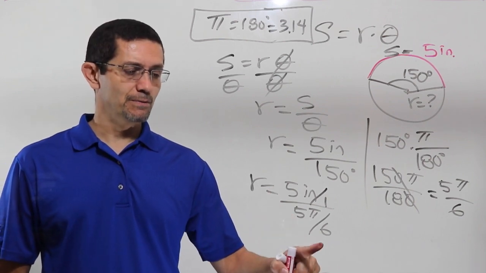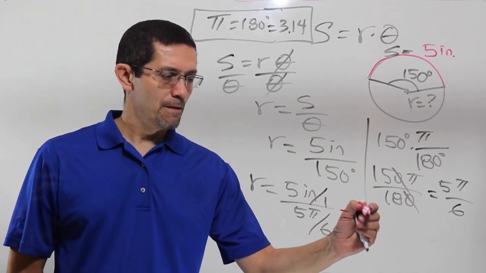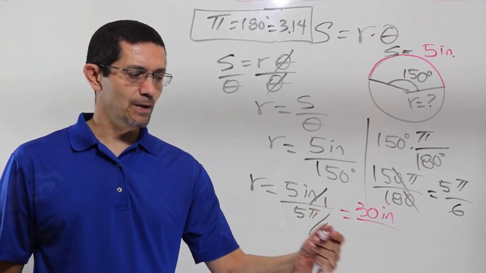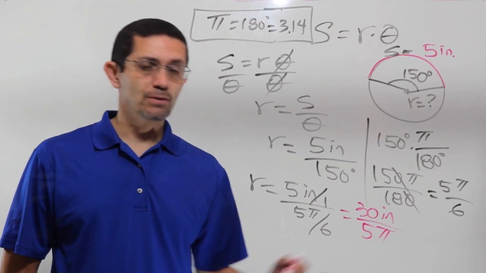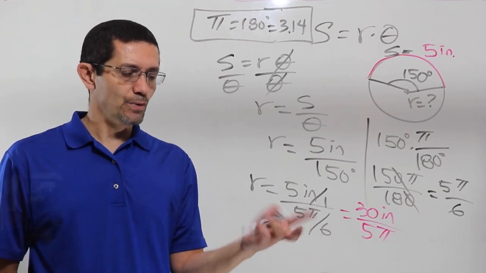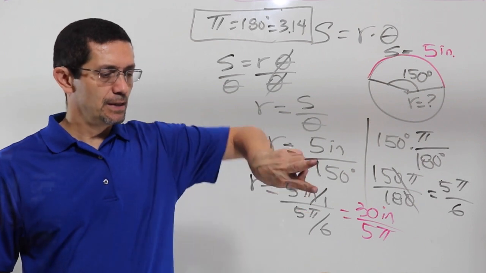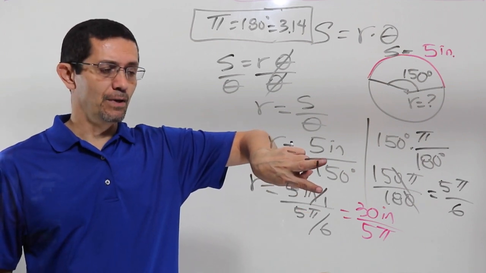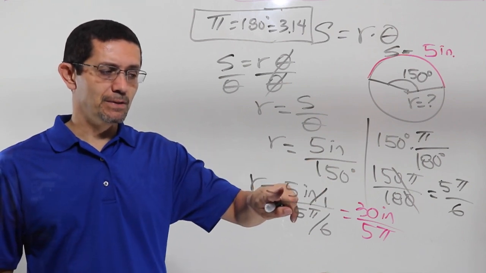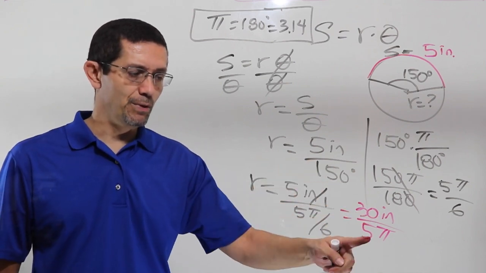So 5 times 6 is going to give me 30 inches. And the middle values, 1 times 5 pi, goes on the bottom. Or we can do the reciprocal of this, which is 6 over 5 pi. 6 over 5 pi is my reciprocal. And then 5 times 6 is 30, and 5 pi will be on the bottom.